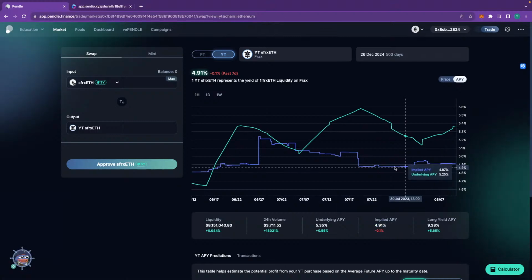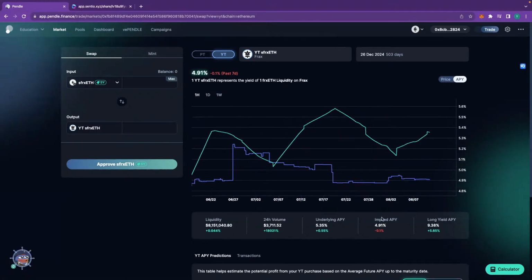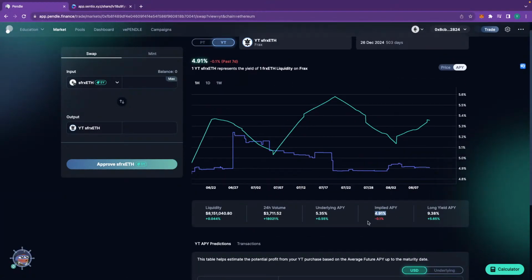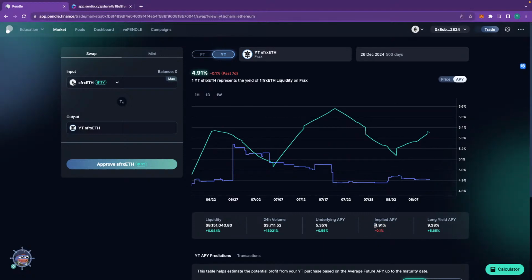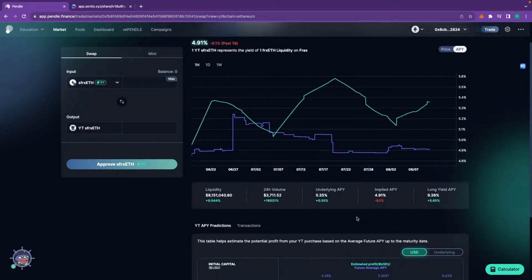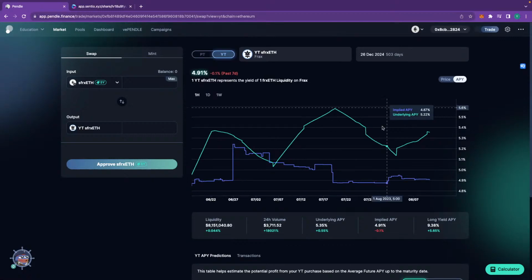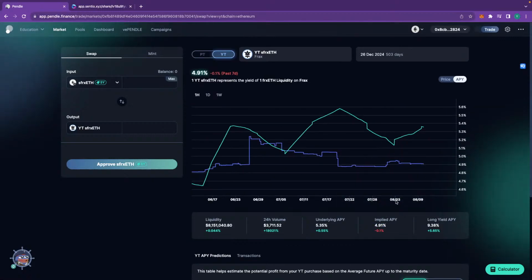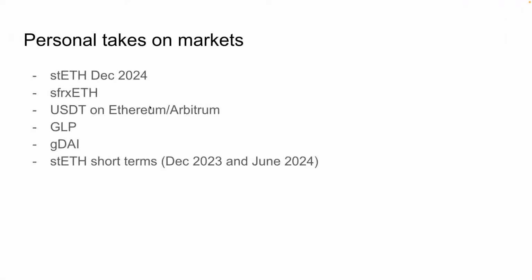Even though the underlying APY has been higher, if you just look at the perspective of getting a fixed yield, you are potentially getting 4.9% fixed yield in ETH terms for 500 days. So if you think fixed ETH is good, and there will be nothing wrong happening to it in the long term over 500 days, I would say that getting this fixed yield for 500 days on ETH terms is also pretty good. That's my opinion for this particular market.